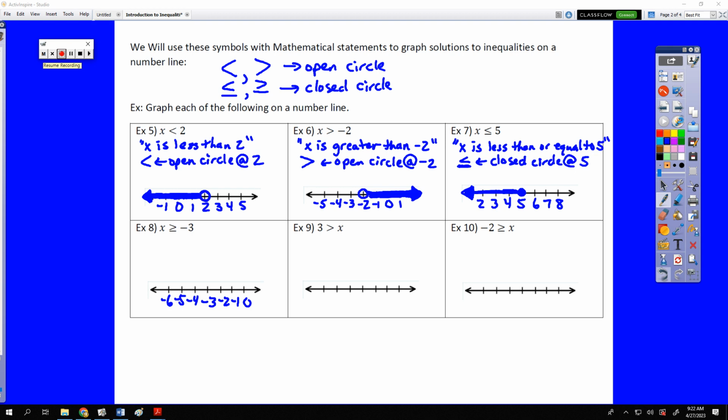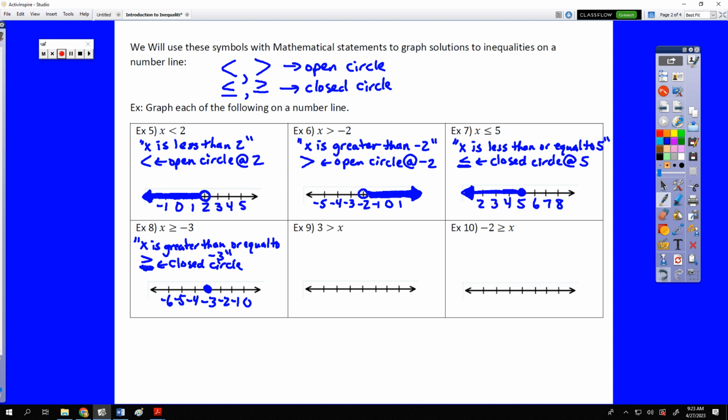All right, so this says x is greater than or equal to -3. So we put a closed circle at -3 because -3 is included. Anytime we have that line, that is a closed circle.